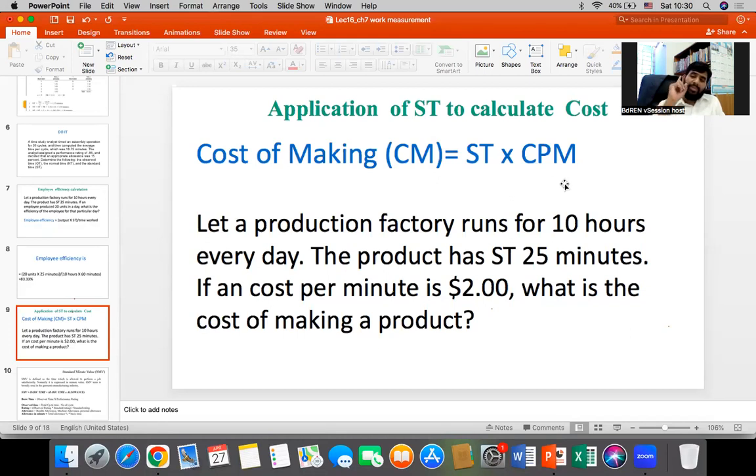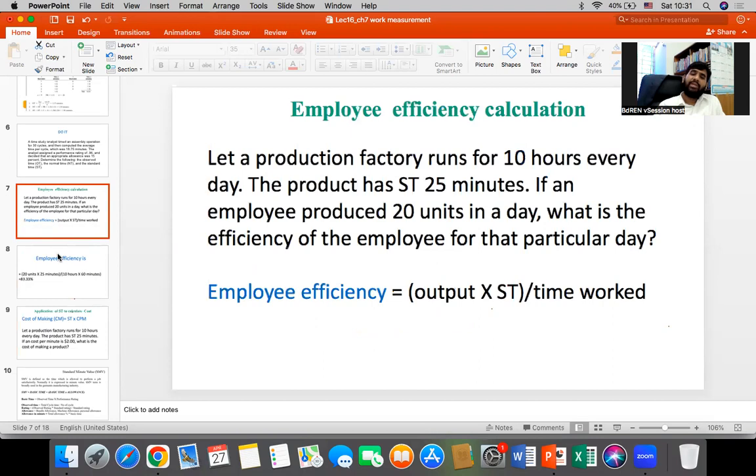After getting the observed time, you can calculate the employee performance. You can calculate employee efficiency. You are producing 20 units and you convert it into your standard time: 20 units multiplied by the standard time, 25 minutes, divided by the time you spent to produce those 20 units, which is 10 hours.